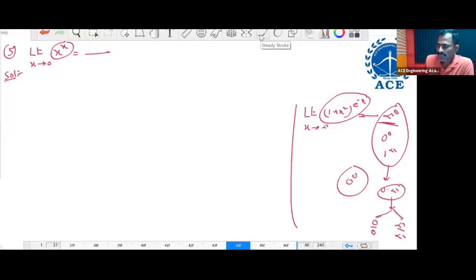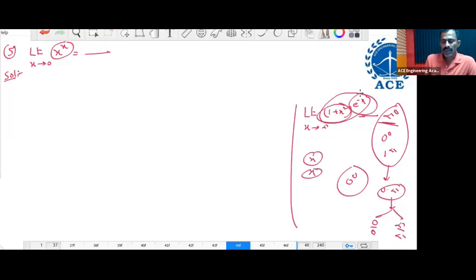The difference is, look at this: function of x, power function of x. In the previous problem, the base function and power function are different. In the present problem, the base function and power function are the same. Power function is x, base function is x. Both functions are the same. Here, both functions are different. It is a main difference, right?